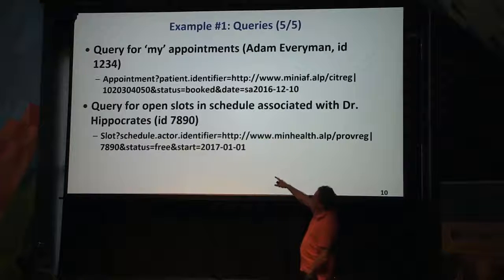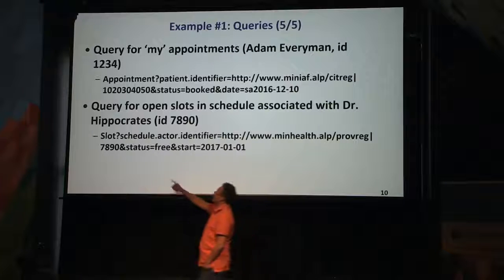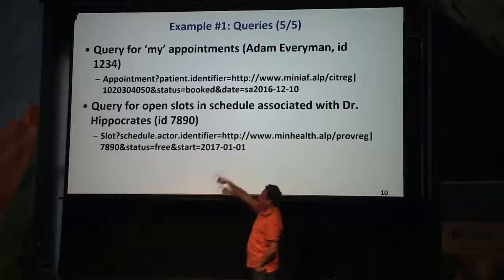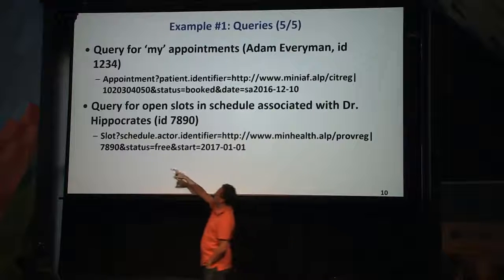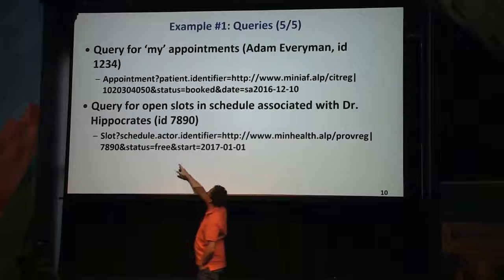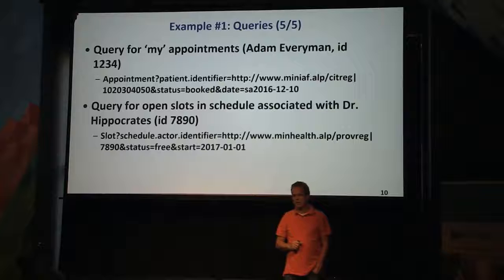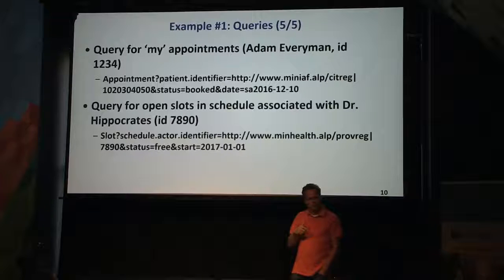The bottom one would be used by a healthcare provider, in their own schedule, where the actor is a particular healthcare provider, to find slots that are still free after a particular date. So these are just examples of queries or subscriptions you could use to passively listen in to things that have been scheduled, in this case for a healthcare provider.